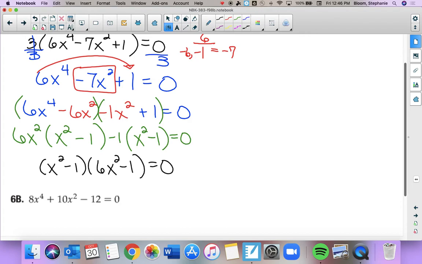And then what do I have to do? Set it equal to 0. Yes. I'm going to do that over here. So I have x squared minus 1 equal to 0. And I have 6x squared minus 1 equal to 0. So how am I going to solve that?